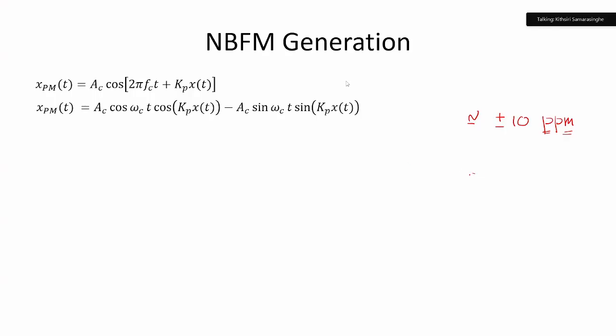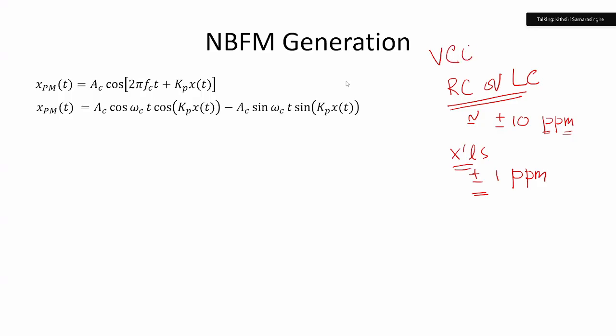Typical crystal oscillators have about plus or minus 1 part per million accuracy, which is very good for going public or broadcasting. Right? This is the ability of crystals. This is the ability of RC or LC oscillators. Normal voltage controlled oscillator ICs use RC or LC oscillators. The problem with the VCOs is that their stability is poor.